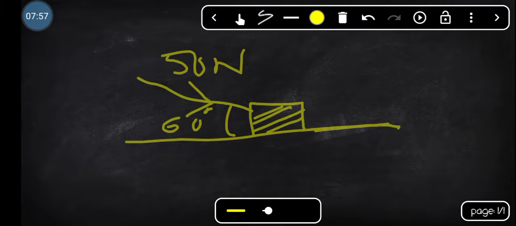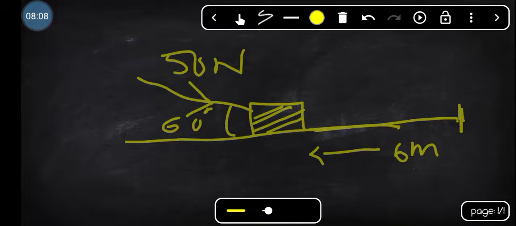He pushed this object 6 meters to this point. So the distance from where he pushed the object to this particular point is 6 meters. What is the work done?